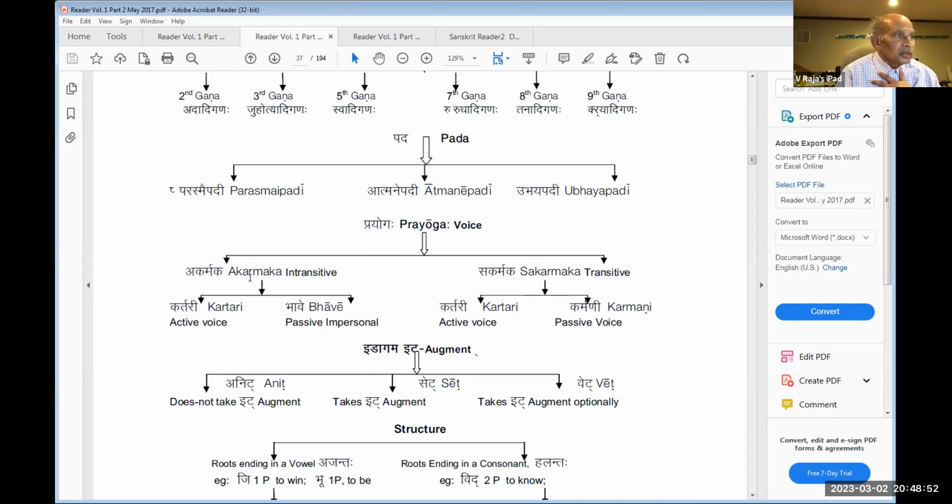If the root is akarmaka, it's a kartari, active voice, and bhave prayoga, impersonal passive. That's for exotic poets. Then sakarmaka, with a karma, you can put both in active voice and passive voice.